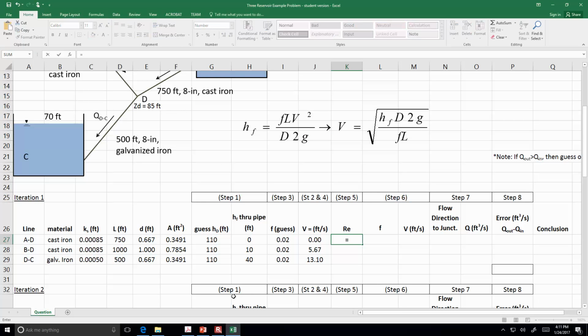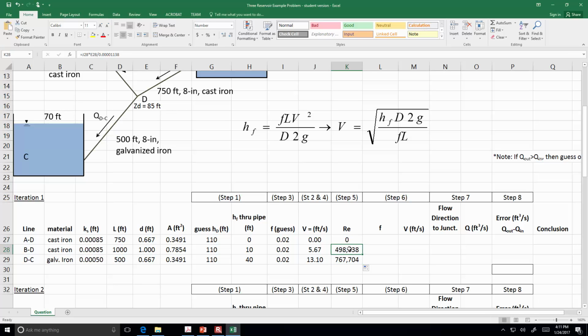So for the Reynolds number, I'm going to do the velocity times the diameter divided by the kinematic viscosity, which is, what did I say, 1.138 times 10 to the minus 5. No Reynolds number because we have no velocity. But those pipes that do have flow have a corresponding Reynolds number.